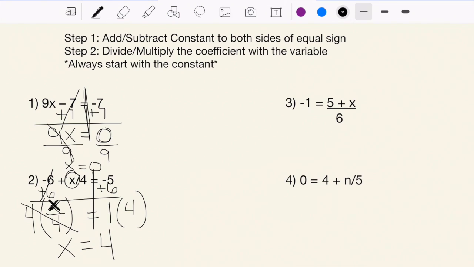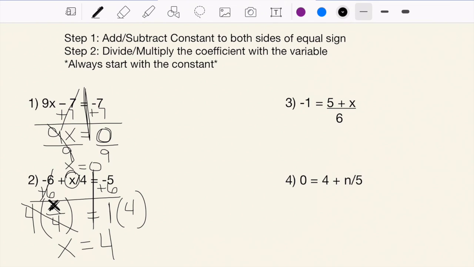All right, let's look at this one. -1 equals 5 plus x over 6. So this one is a little interesting. We cannot start with the coefficient because the coefficient is over 6.